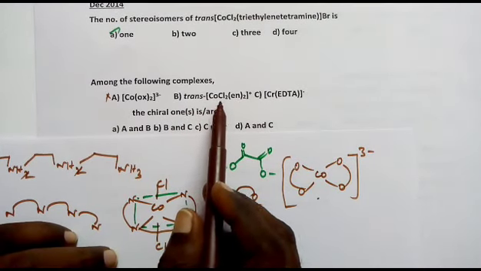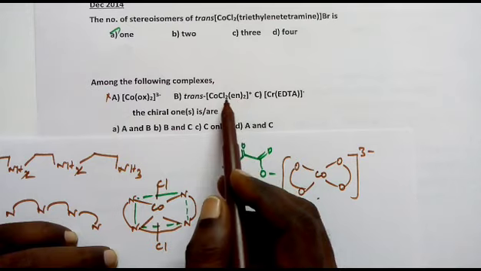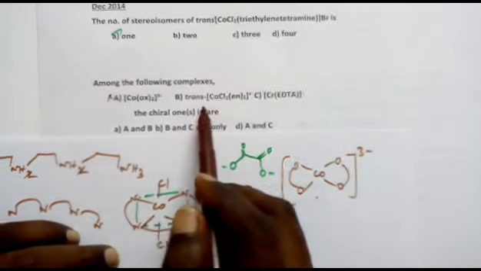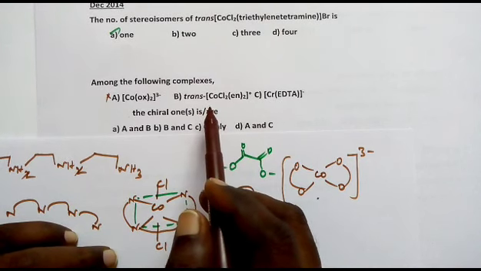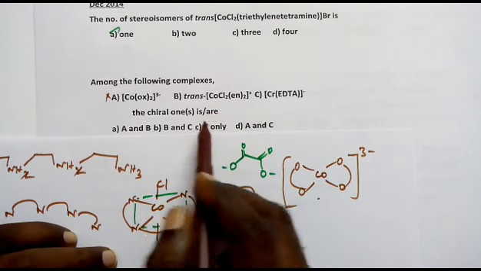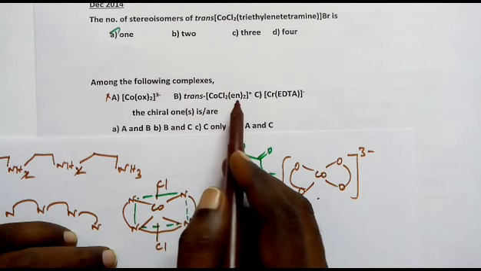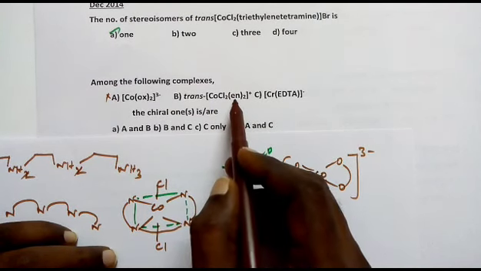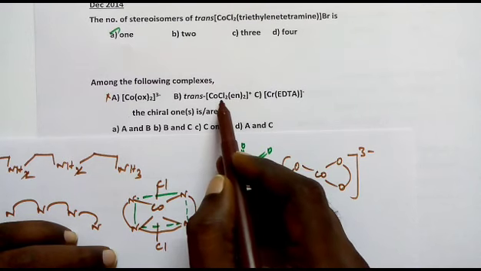Trans bis ethylene diamine dichlorocobalt 3. Look at this. What type does this complex belong to? CoCl2. Ethylene diamine means it is a symmetrical bidentate ligand, so it is AA type. So AA twice, B2 metal.